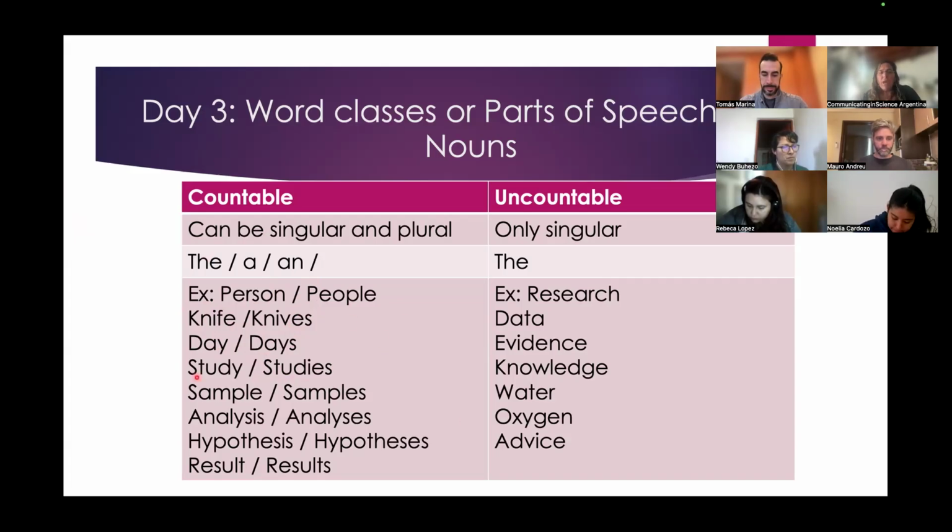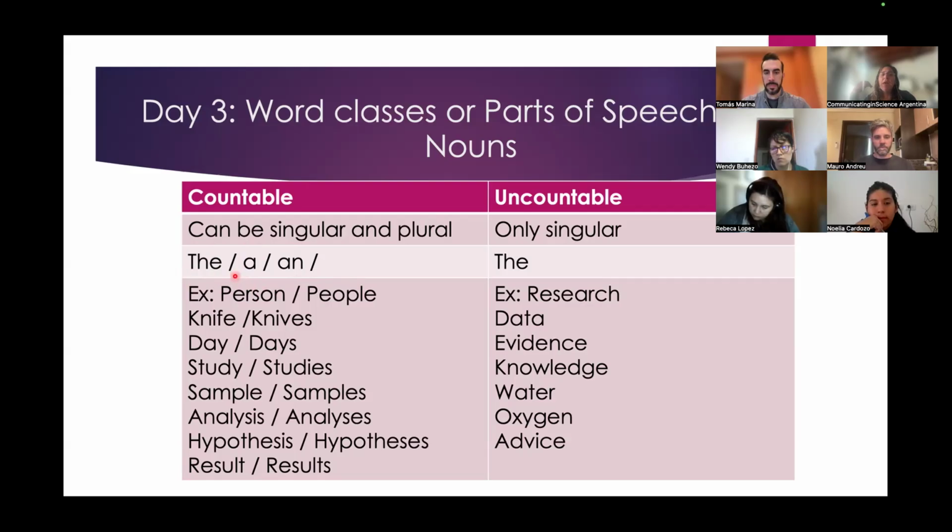We have different countable nouns, and for those countable nouns, you will find a singular form and a plural form. In some cases, the singular and the plural are the same, but let's not get too complicated. And for those, you can use the, a, and an.